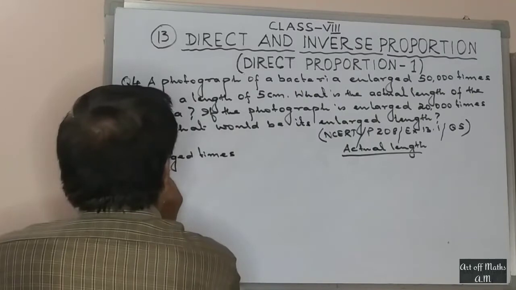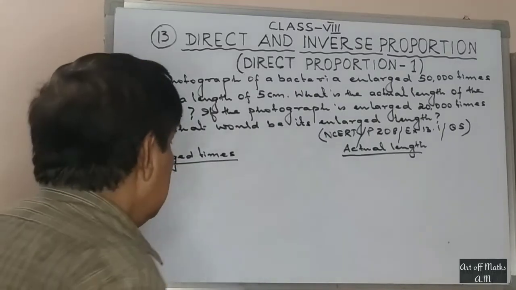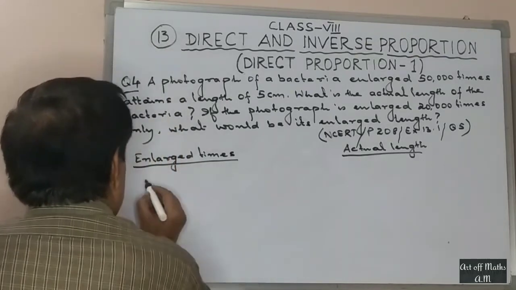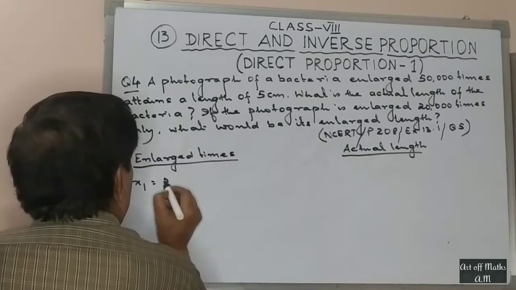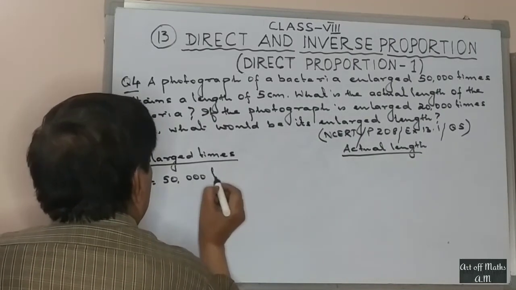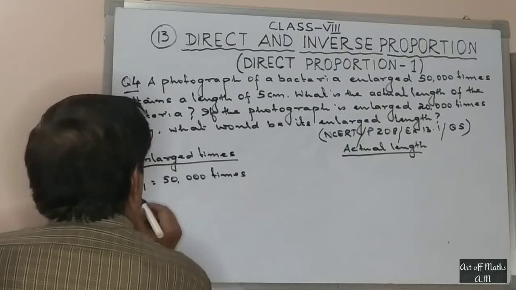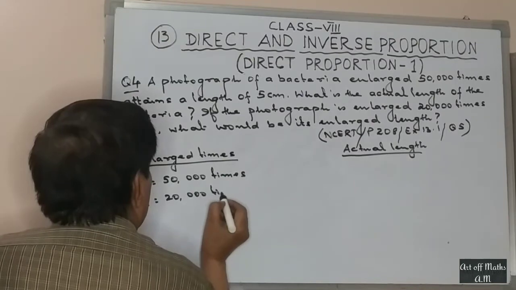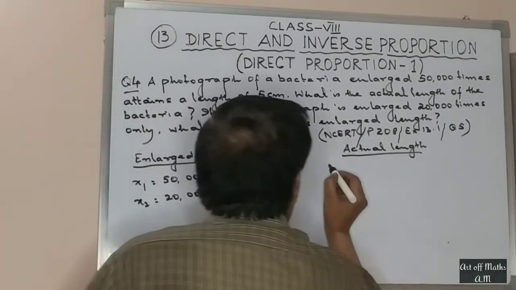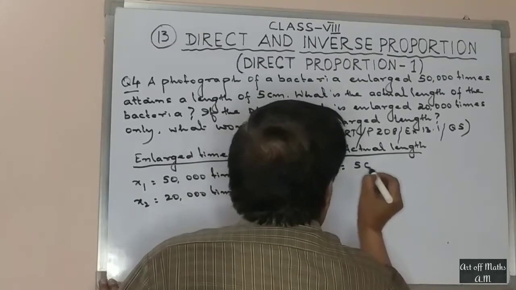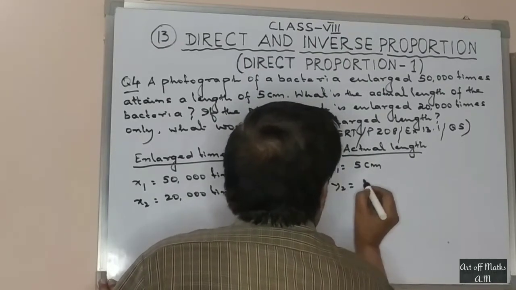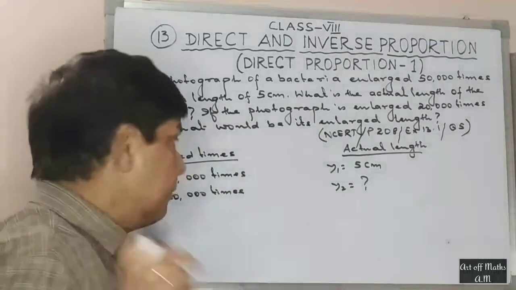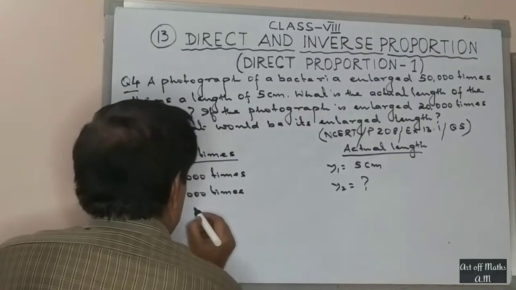These are the two quantities. Now, first of all, x1 is 50,000 times, x2 is 20,000 times, y1 is 5 centimeter, and y2 is to be found out. Now, method 1, with the help of ratio.